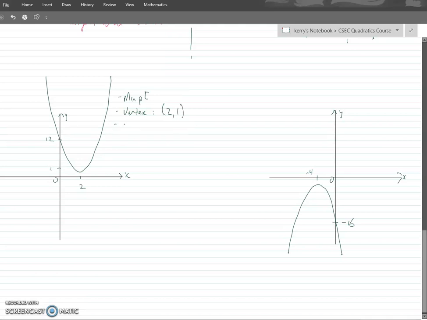The coordinates of the y-intercept are (0, 12). But for the roots, this is what you say for this one, there are no real roots, because the graph doesn't pass through the x-axis.